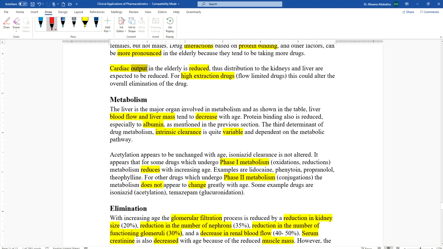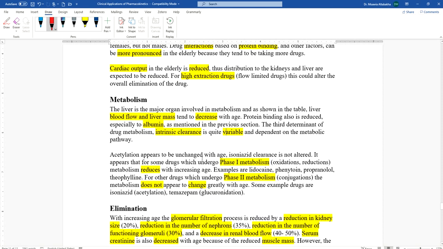Okay, metabolism: we already said that the blood flow and the liver mass will decrease in the elderly. Albumin, we already said that it decreases. As for intrinsic clearance, meaning how much enzymes are there capable of functioning, it is quite variable. We don't have, again, a general rule.